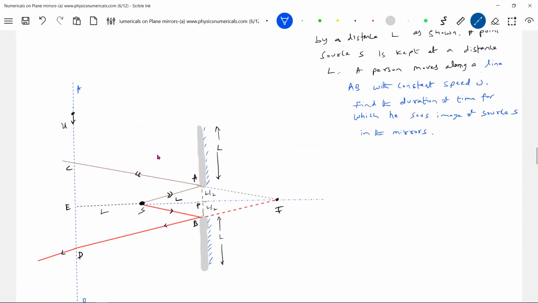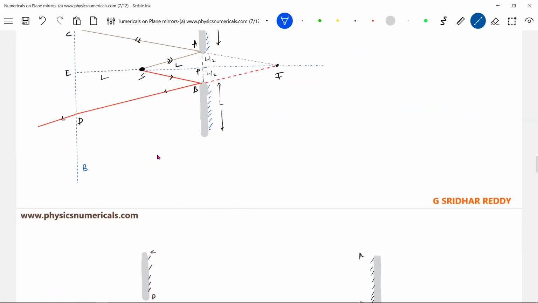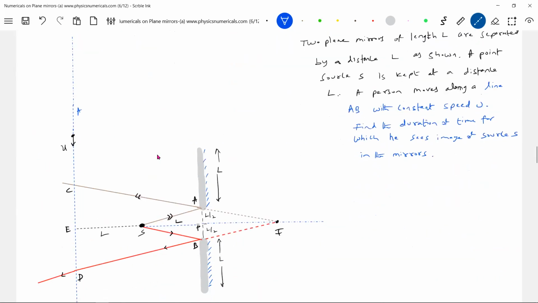Hope I can now give a better diagram. But let me draw another ray.